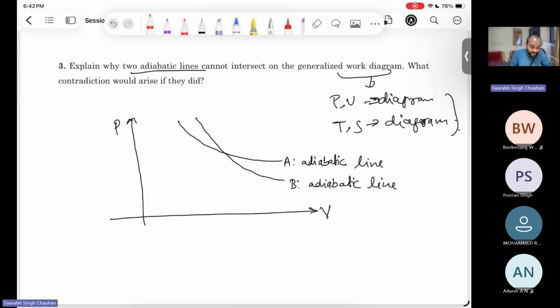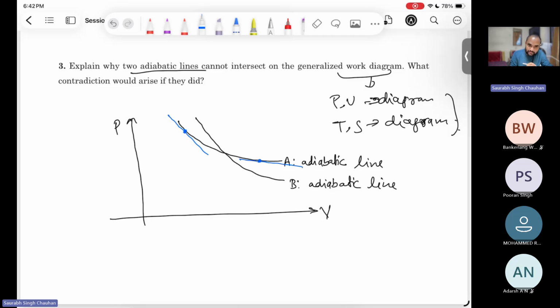Slope is dependent on the point, first of all. For example, if you try to find the slope at this point, here the slope is something else. And if you find the slope here, the slope is something else. The slope depends on the point, on the state.